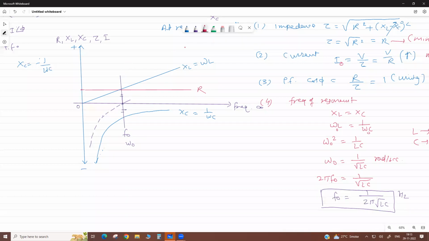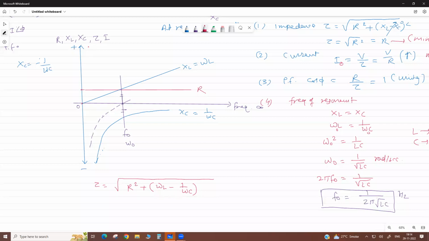Correct. Now if we talk about the impedance Z, Z equals under root R square plus (XL omega minus 1 by omega C) whole square. When the frequency is 0, when omega is 0, this part is infinity, which means the impedance is infinity at 0 frequency.